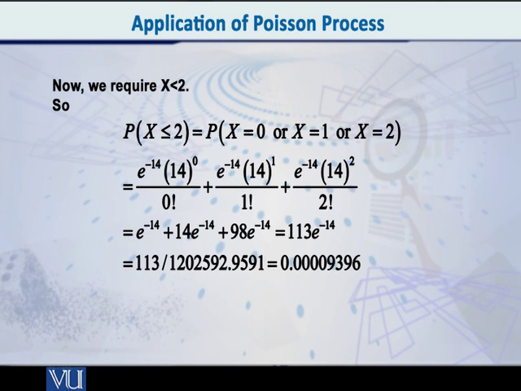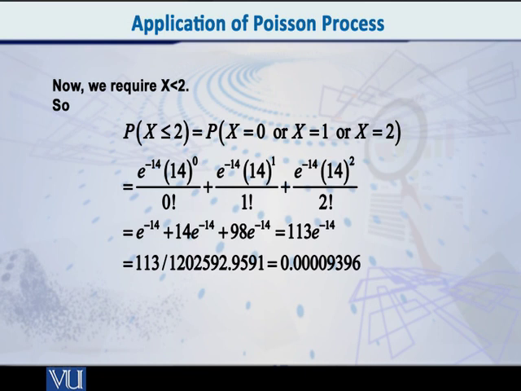So as you can now see on the screen, the probability of x being less than or equal to 2 is equal to the probability of x is equal to 0 plus the probability of x is equal to 1 plus the probability of x is equal to 2.